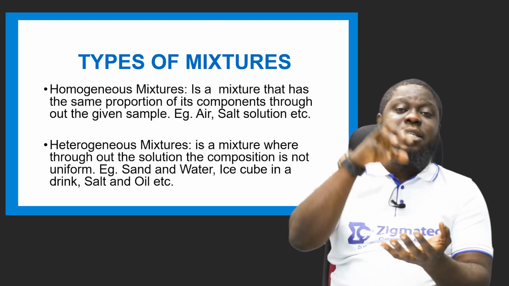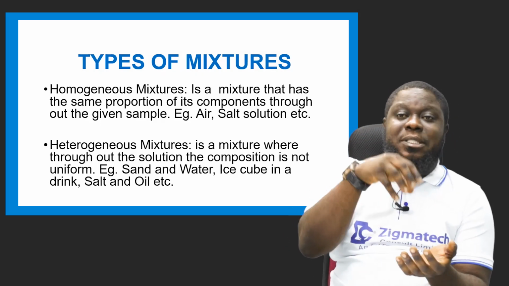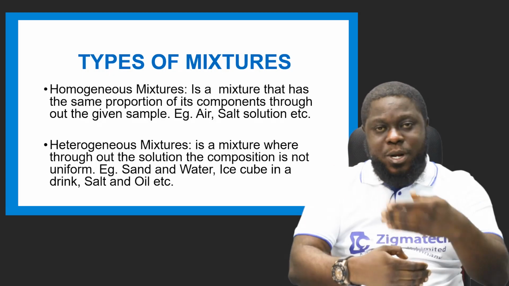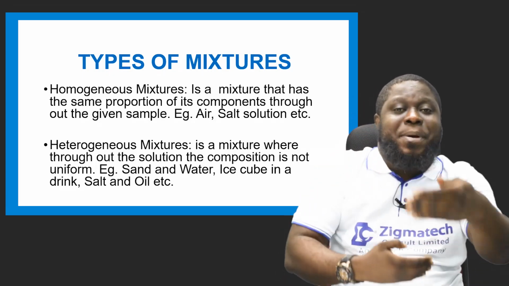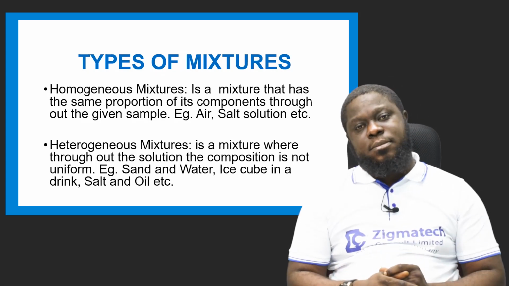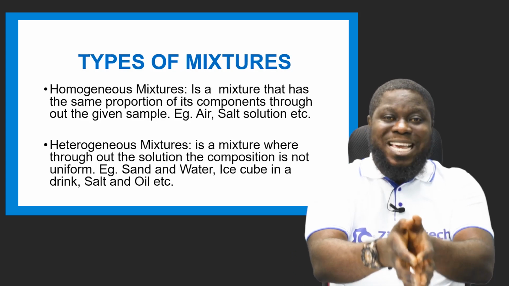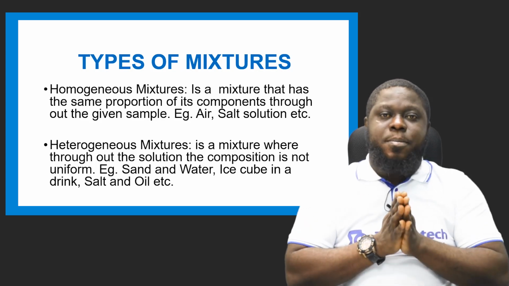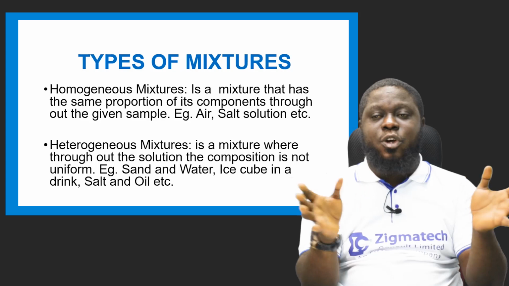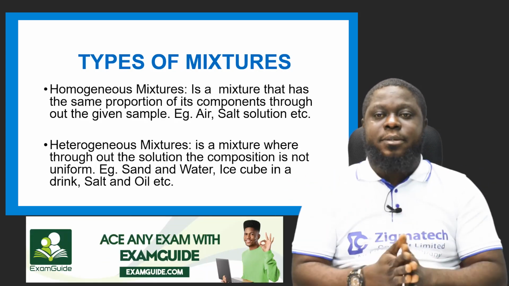Because what I'm going to weigh is the water. The salt has been mixed with the water. The salt has taken the properties of the water, and one of the properties of the water is that it is a liquid. So the salt becomes a liquid inside the water, and it gives me one proportion. While the oxygen and the other gases all become one particular thing, which is air.